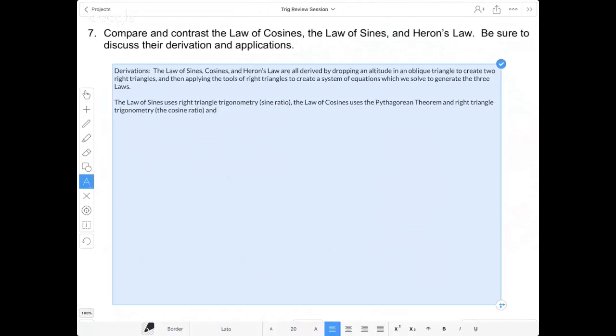And Heron's law uses just the Pythagorean theorem. And that's it. Okay, so that was their derivations.